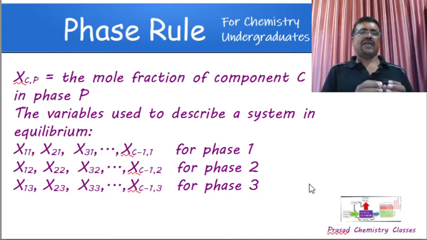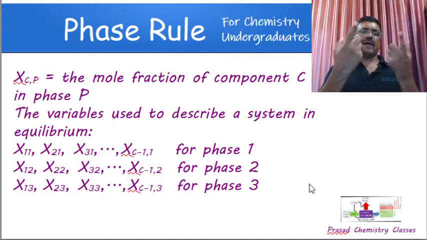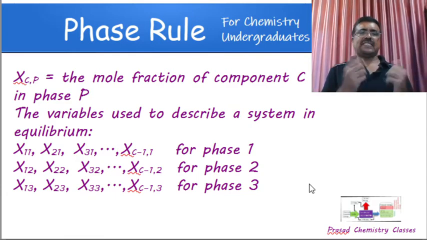Right? We have a solid, liquid and gaseous phase in an equilibrium system. Then X of a particular component in solid phase, X of that component in liquid phase, X of that component in gaseous phase, and so on. In that way, we can take different components. So the composition can be given like that.